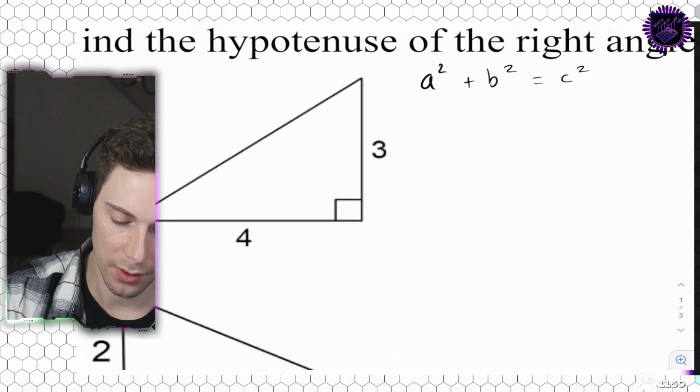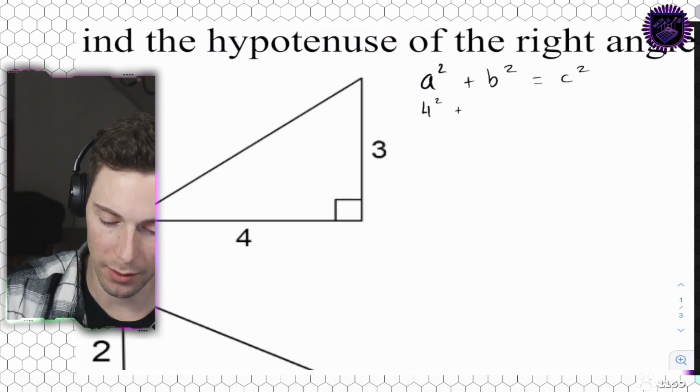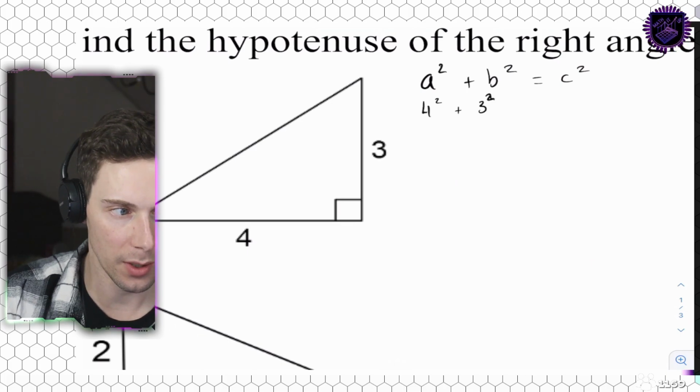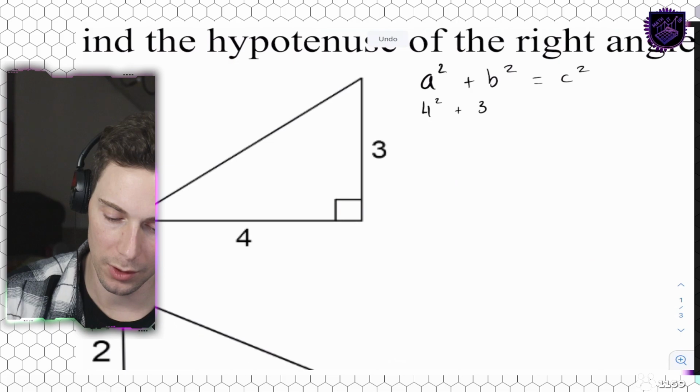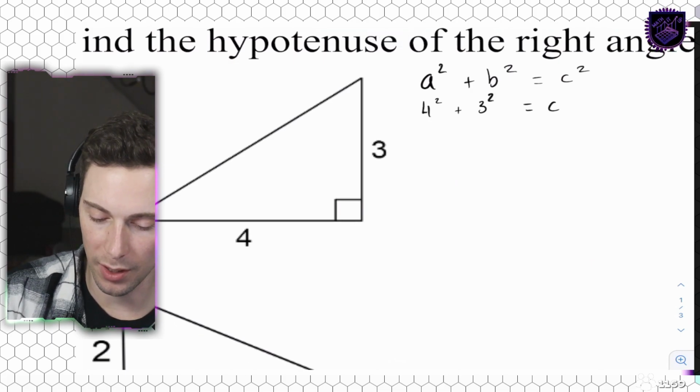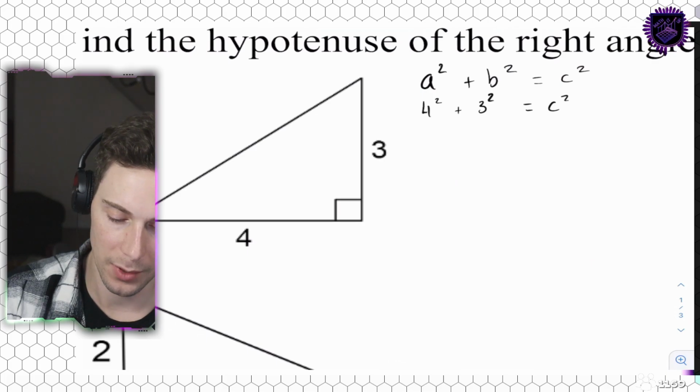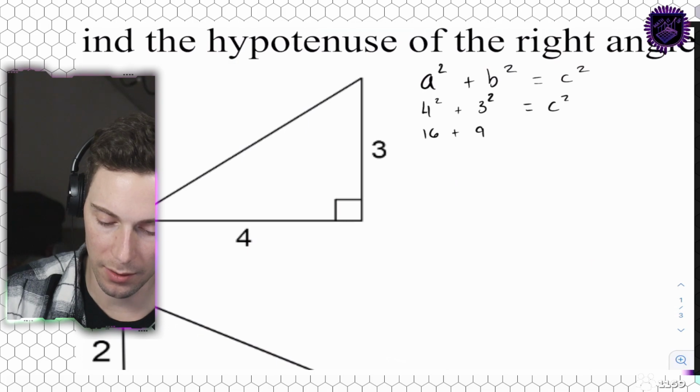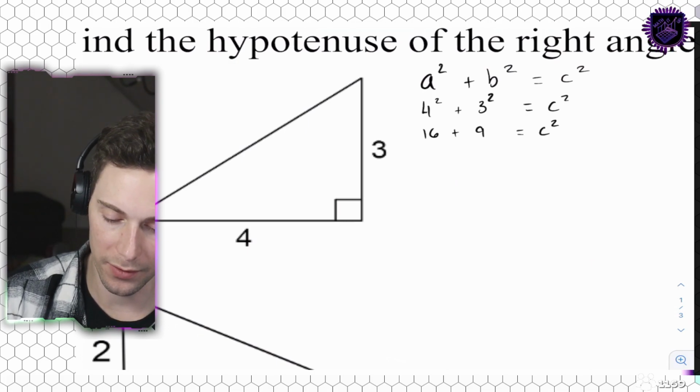known values. Let's say a is 4. So we're going to square that. We're going to add b, which side b is going to be 3 squared. Just going to write that nicer. 3 squared. And that will be equal to side c squared. So 16 plus 9 will equal the square of c.